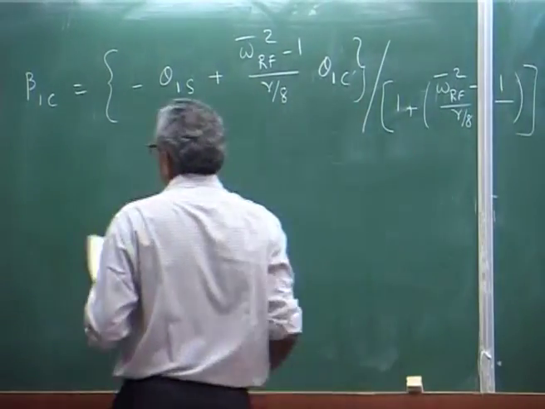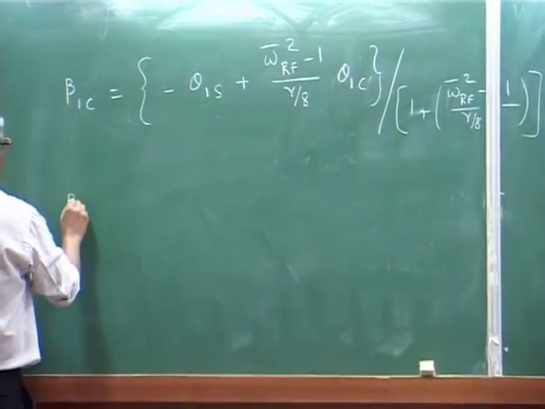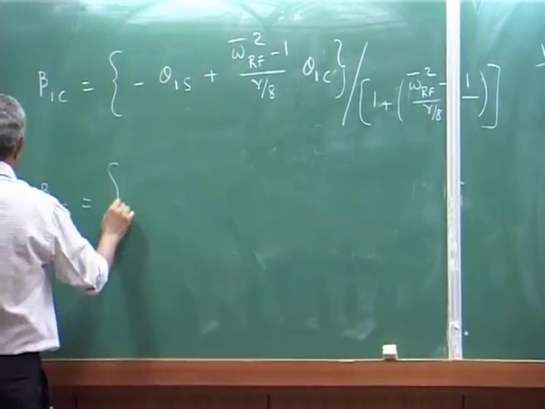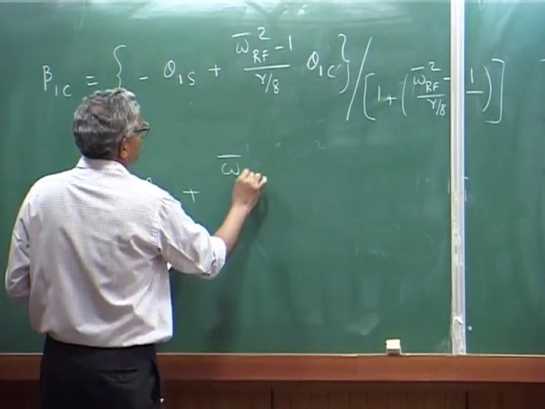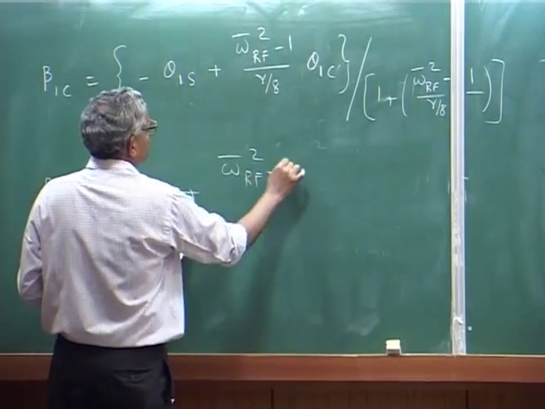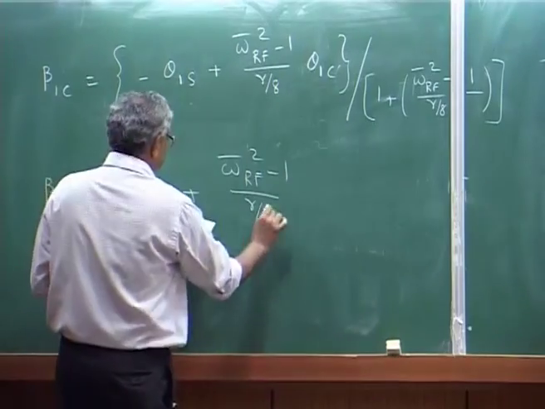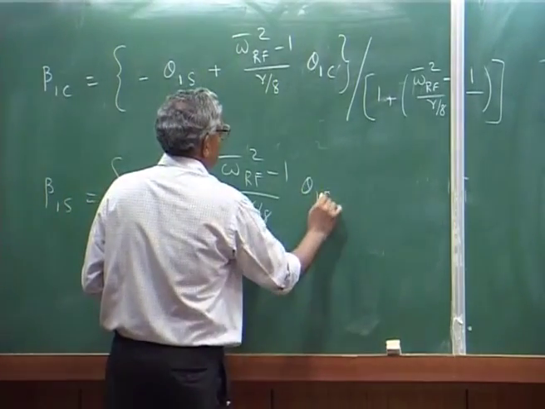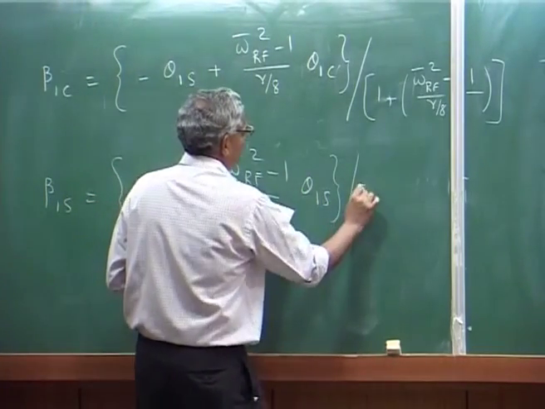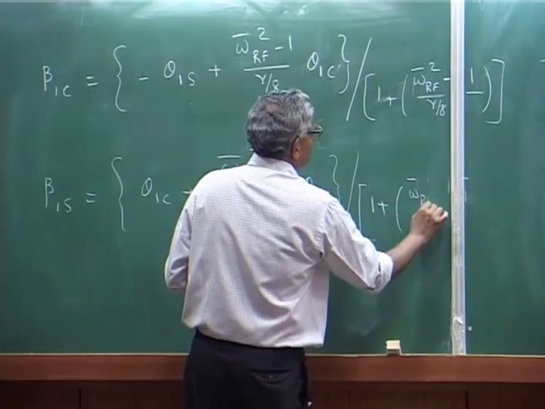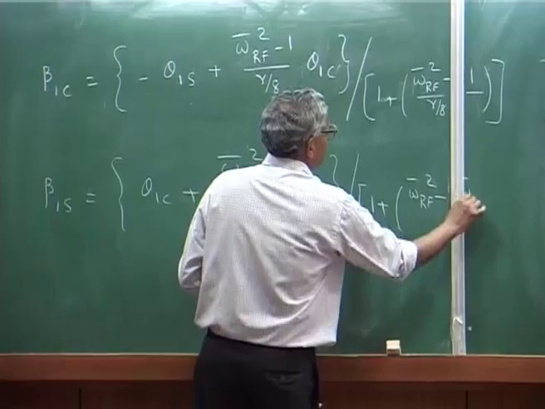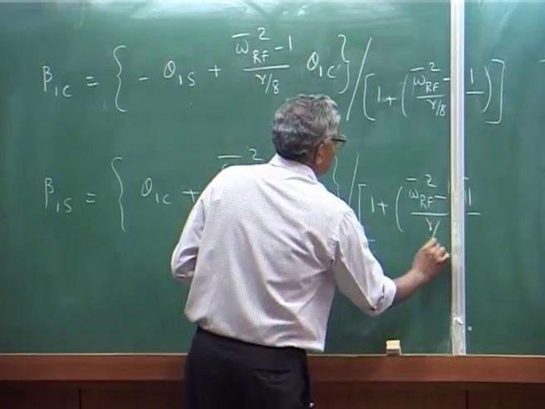Okay. And similarly, beta 1s equals theta 1c plus omega bar RF square minus 1 over gamma over 8 theta 1s, the denominator is same, okay, minus 1 over gamma over 8.